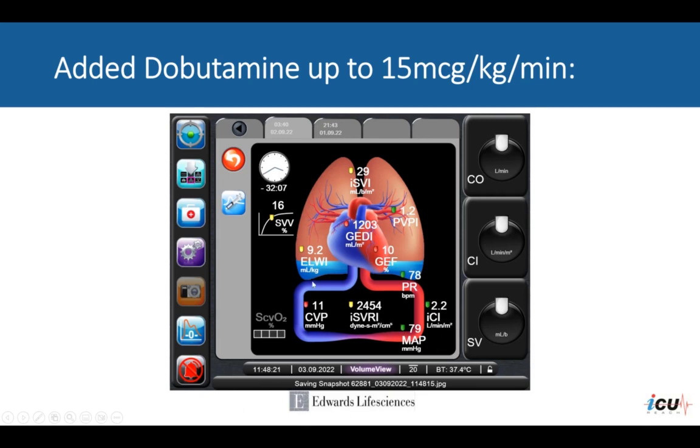No changes, as you see here, in the extravascular lung water, and the permeability index is 1.2. CVP is 11. The global end-diastolic index is still elevated. This patient doesn't have major preload issues.